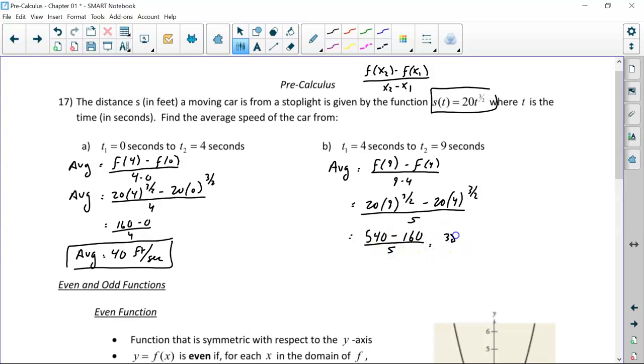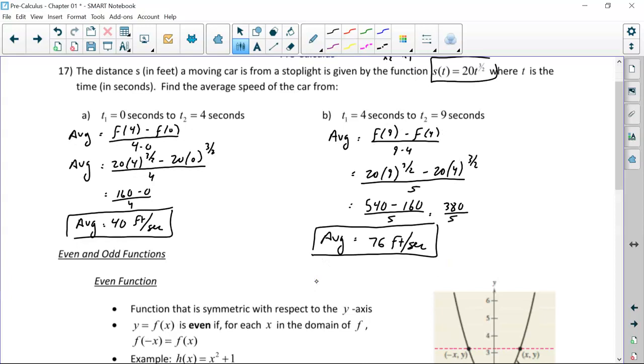So it's going to be 380 divided by 5. So that's going to be 76 feet per second. And that's average rate of change. It's finding the slope of the secant line between the 2 points.